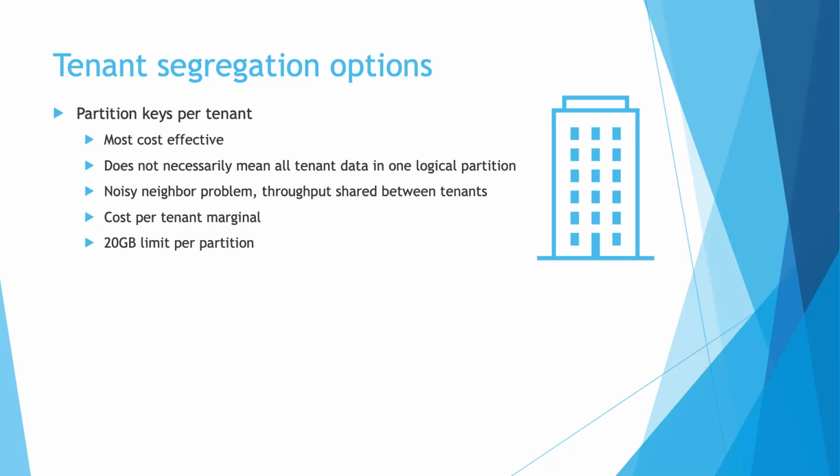A nice benefit of this is that when adding a new tenant, the costs are marginal. Well, close to zero actually. But of course, there will come a time where if you densely pack enough tenants in a particular container, then you will need to scale it to accommodate more tenants. All right.